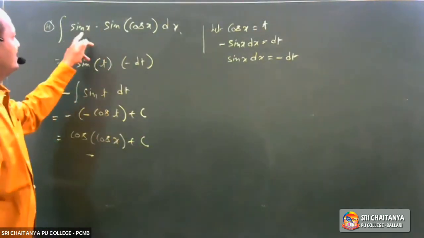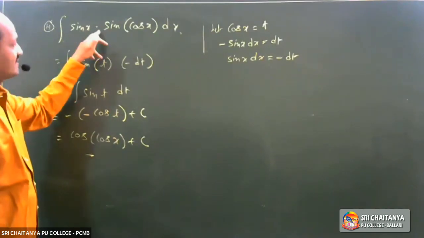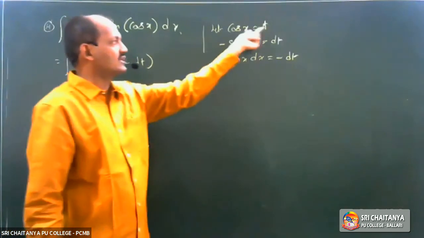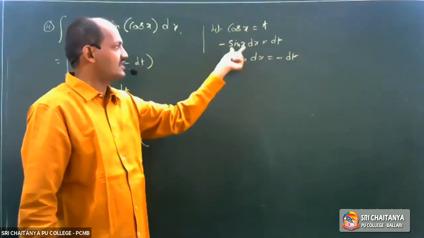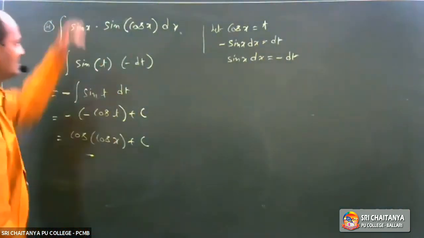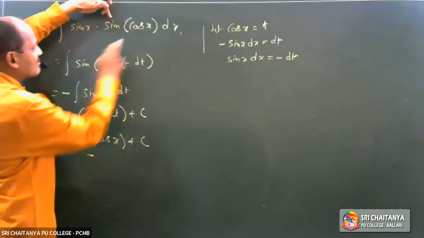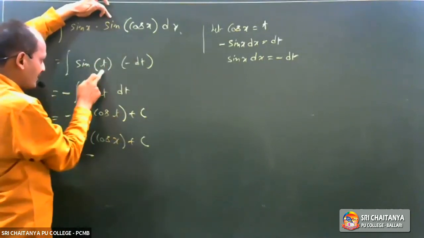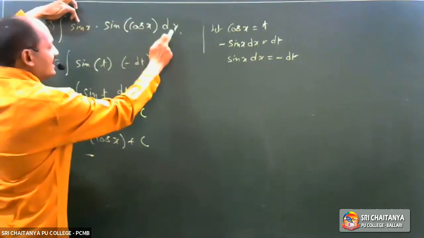So it is sin x into sin of cos x. This cos x we consider t. The derivative of cos is minus sin, then sin x dx is equal to minus dt. So it is sin of t. This is sin x dx.